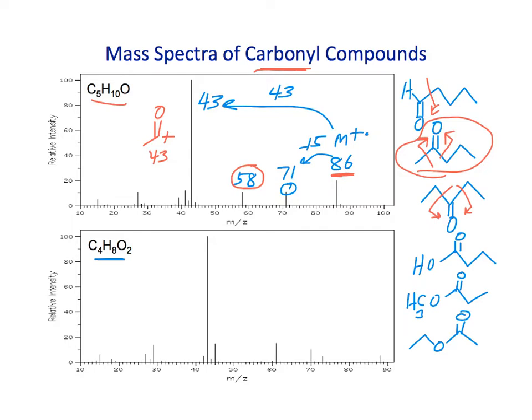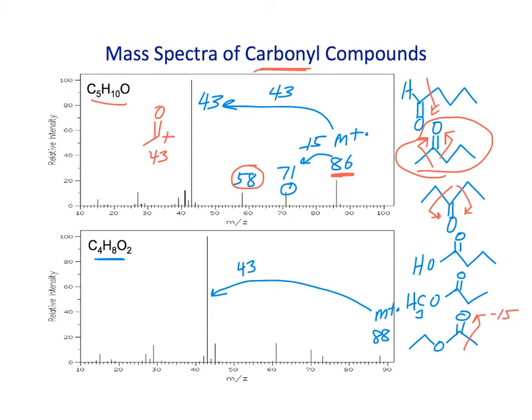So if we look at the mass spectrum, 88 is now the molecular ion. We see a number of smaller ions in here, but let's look at the big one, down to 43, just like we saw before. If we cleave it in the same way as we saw above, it could cleave here, and this would lose 15, right?